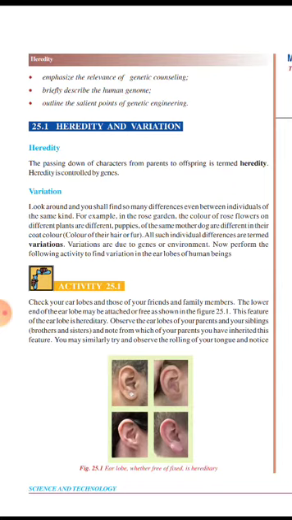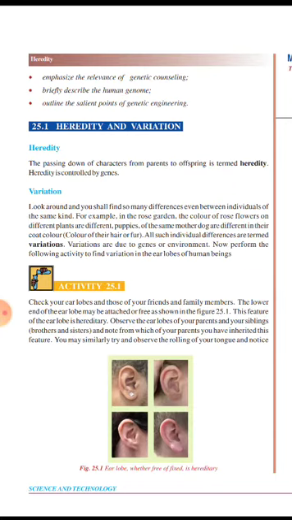Genes hold this information, and this information is stored in the genes. Genes are made up of DNA. The chemical compound of genes is deoxyribonucleic acid, that is DNA, and all of us have DNA in our body.